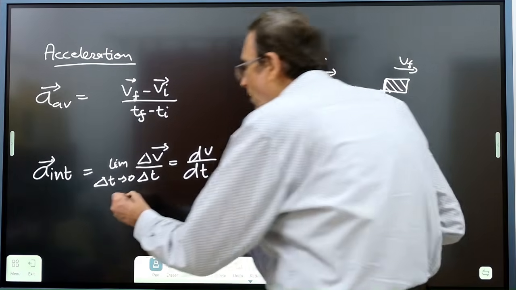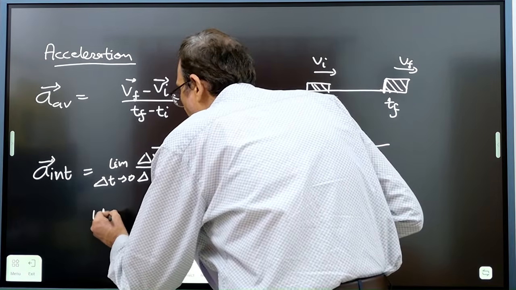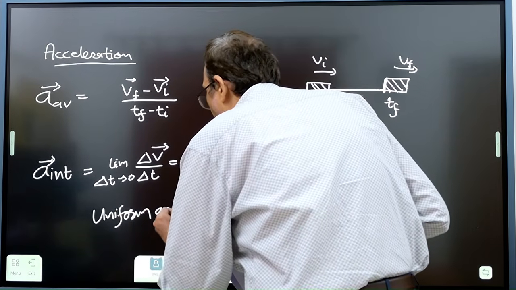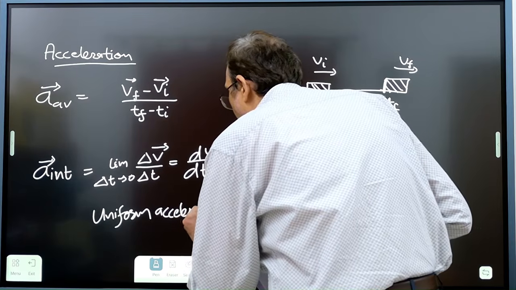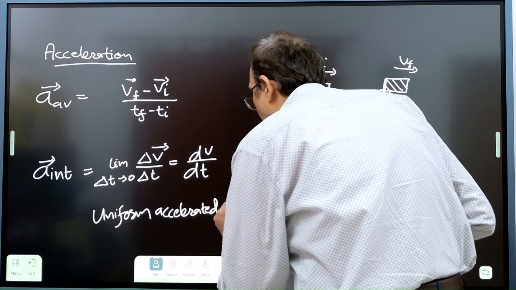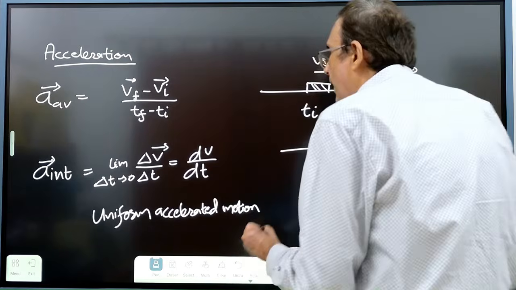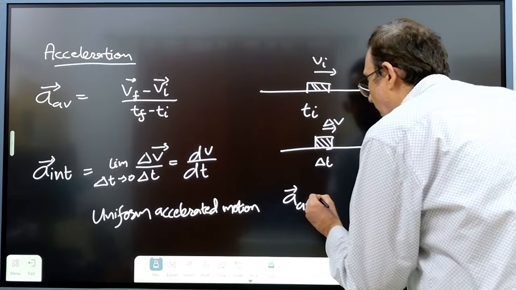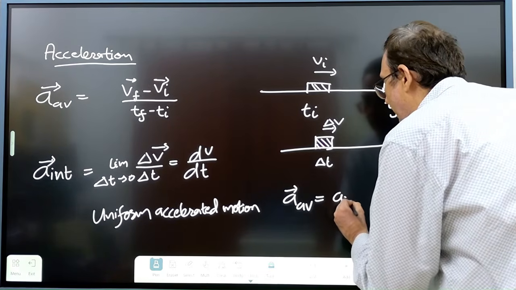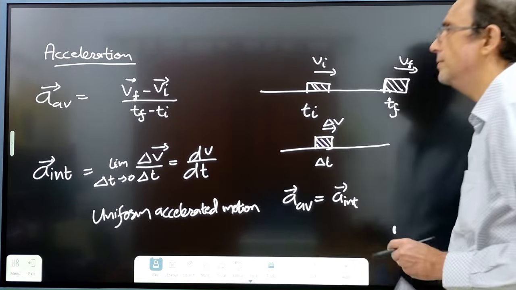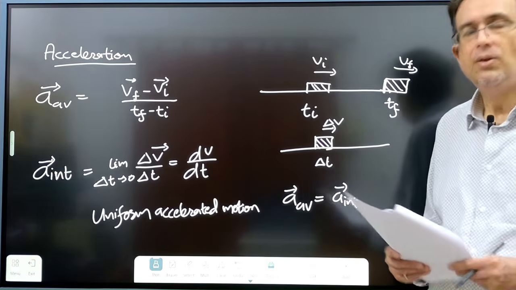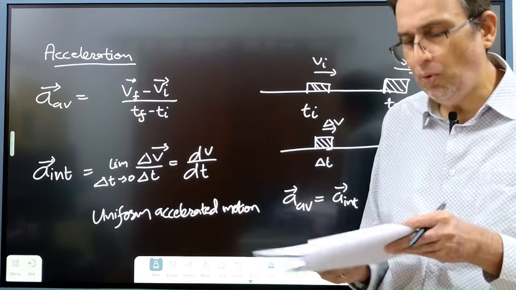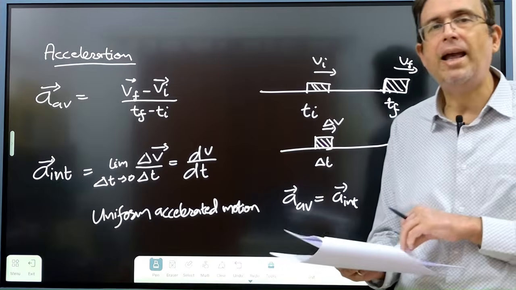So for uniformly accelerated motion, A average is equal to A instantaneous. So I think you have understood the basic concept of acceleration. Now we will go to the kinematics of the uniformly accelerated motion.